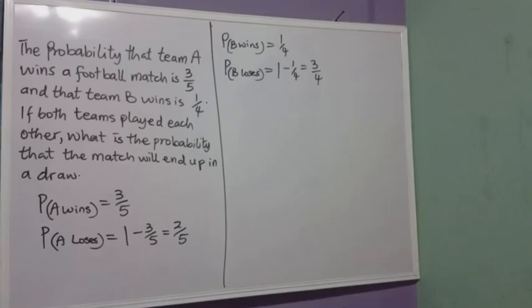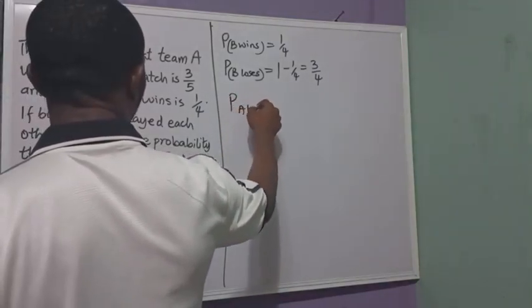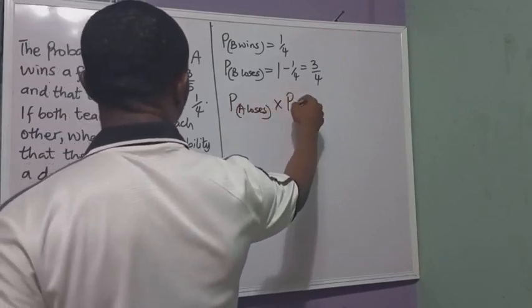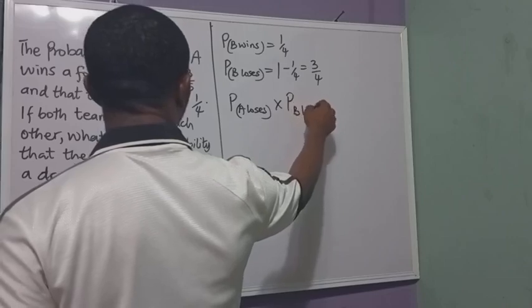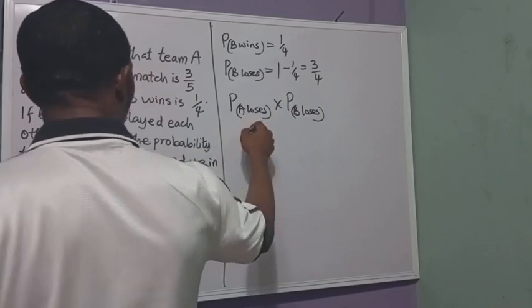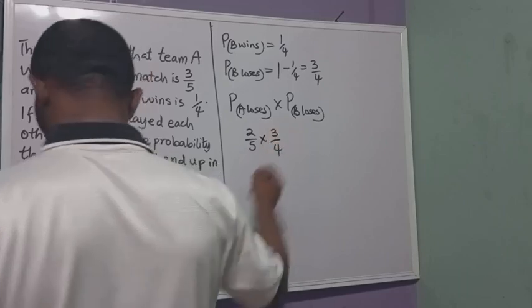Now for us to find the probability that both do not win, it will become the probability that A loses times the probability that B loses, which is 2/5 times 3/4.